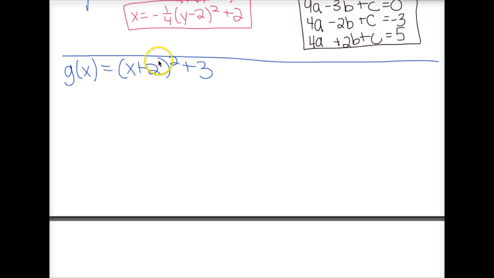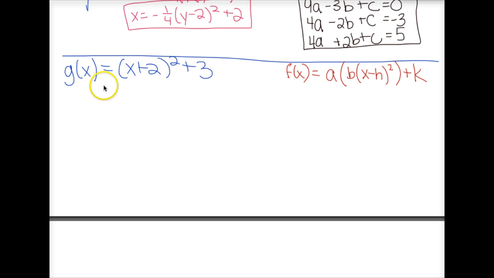So I'm looking and I'm saying, okay, vertex form is f of x equals a times (x minus h) squared plus k. A b is there only if it's horizontal. So it looks like this. So what do I see here? I see a plus 2 on the inside with the x.